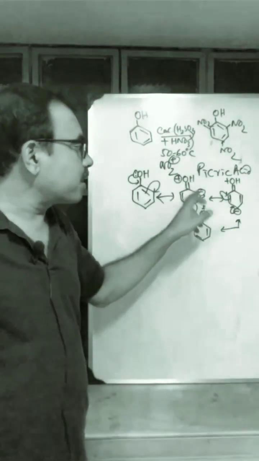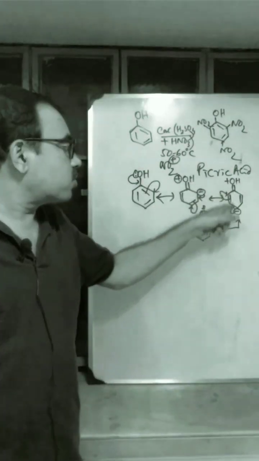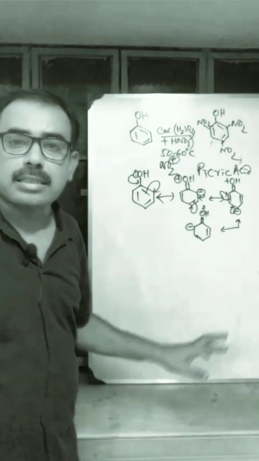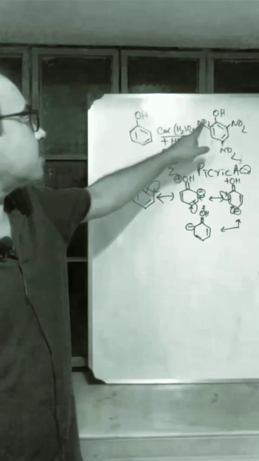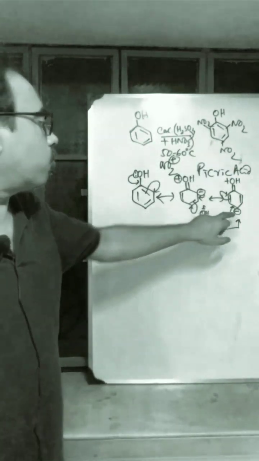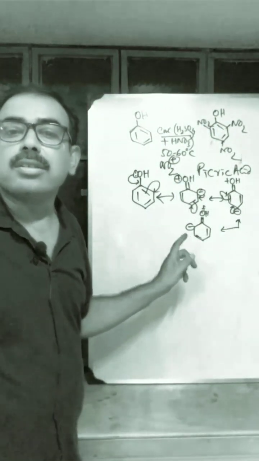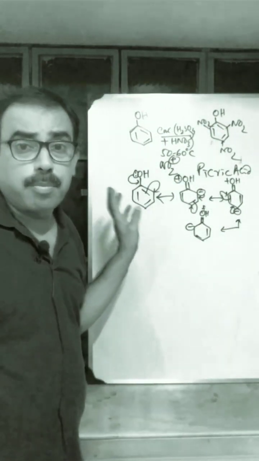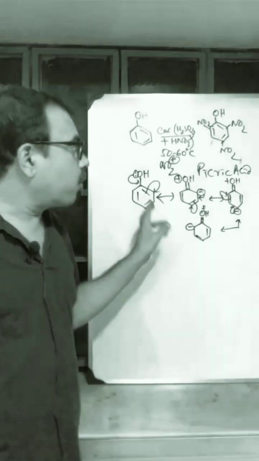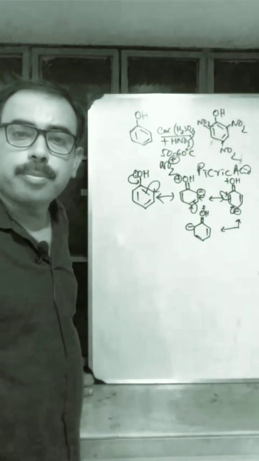If the negative charge is accumulated, the electrophile can easily come to these three positions one at a time. That's why NO2 plus comes to these three positions, 2, 4 and 6, only due to the presence of these resonating structures in phenol. That is why 2,4,6 trinitrophenol is formed.